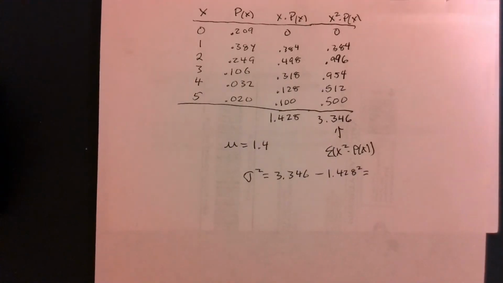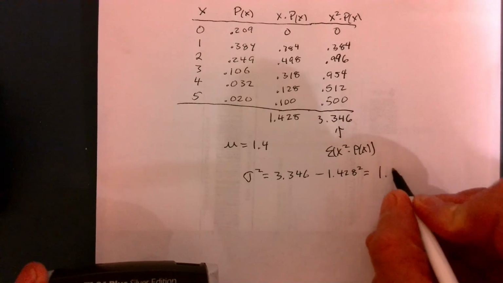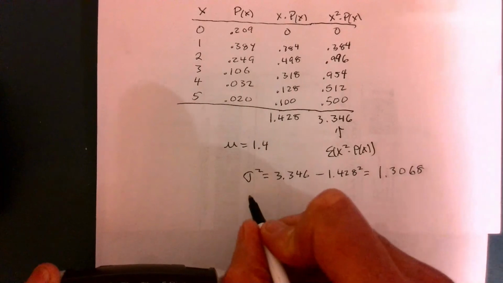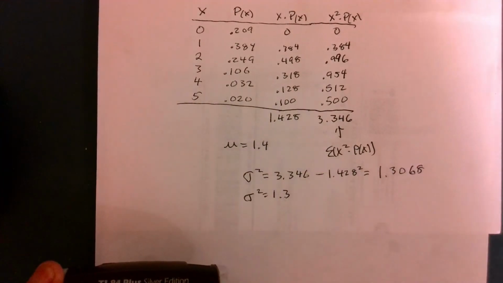Okay, so we'll do this calculation. We get 3.346 minus 1.428 squared. And that will give us 1.3068, which if we round to one decimal place, we'd get 1.3.